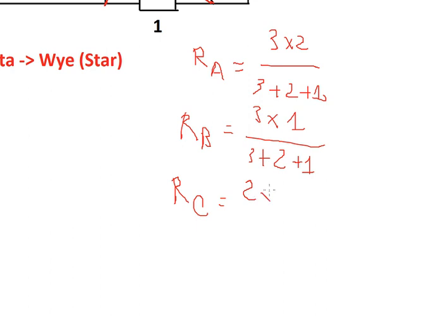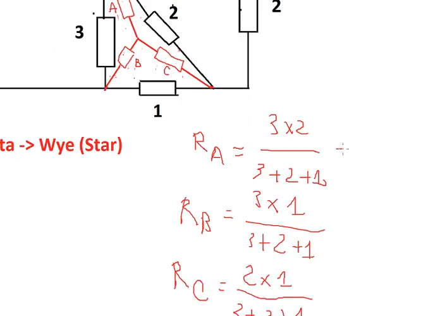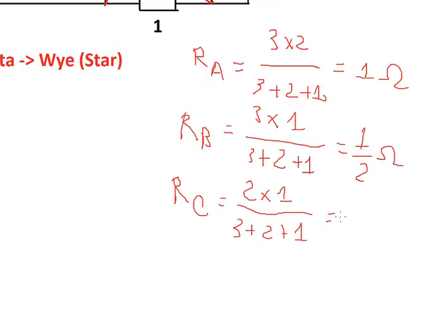So number 2 multiplied by number 1 over 3 plus 2 plus 1. So this one we have 1 ohm. This one we have 1 over 2 ohm. This one we have 1 over 3 ohm.